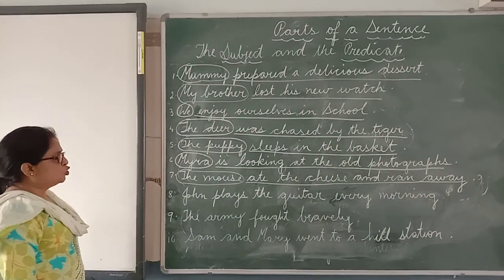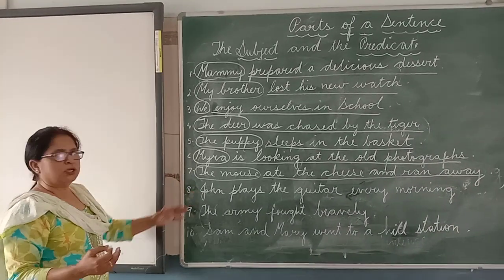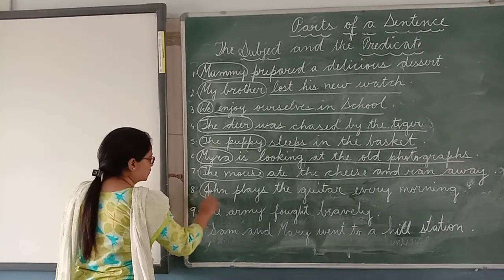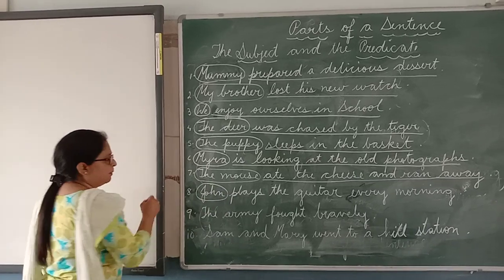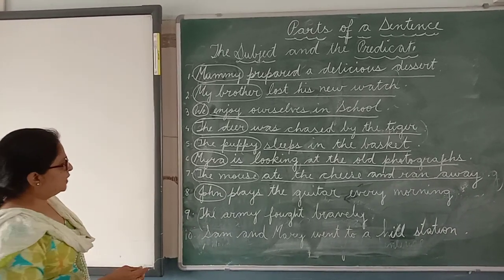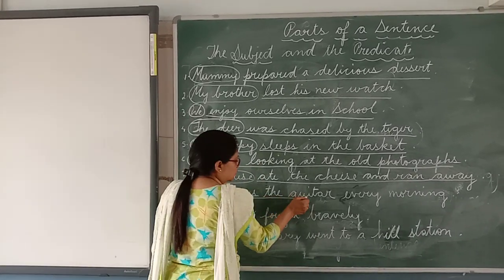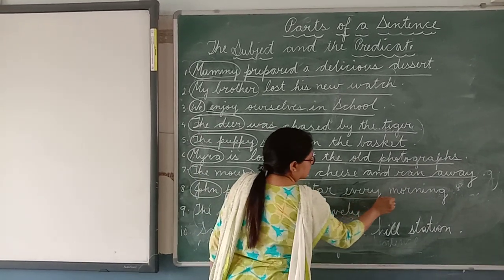Number 8. John plays the guitar every morning. Here John is the subject, so we are going to circle it. Plays the guitar every morning is the predicate, so it's verb plus rest of the sentence. So we are going to underline it.